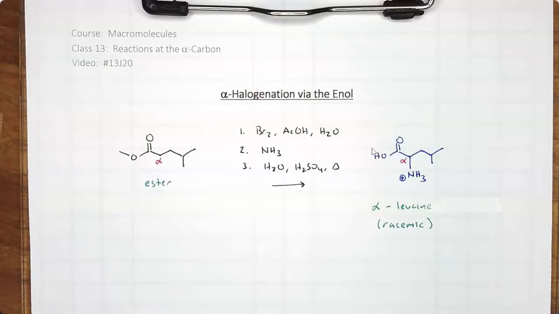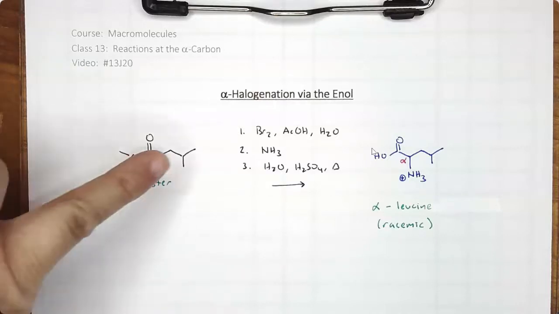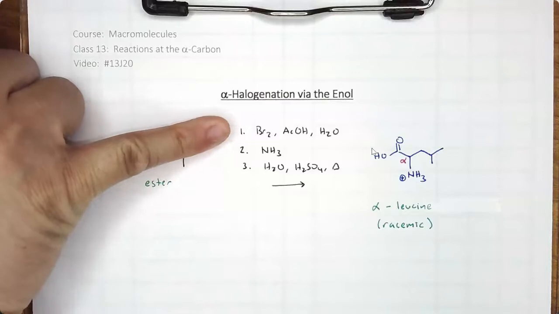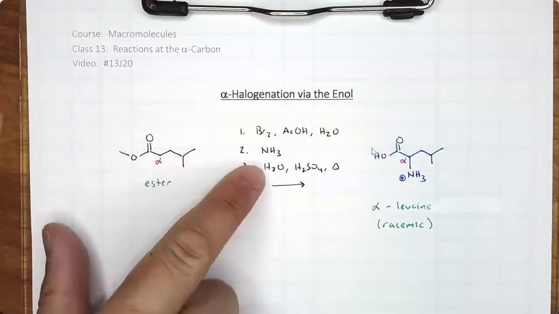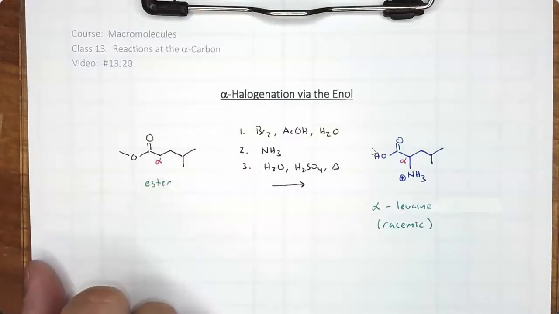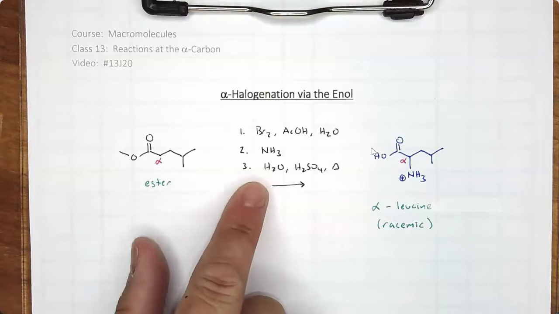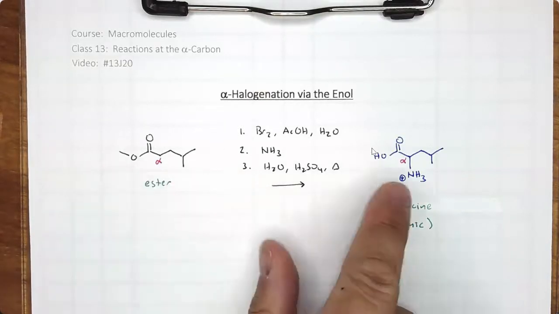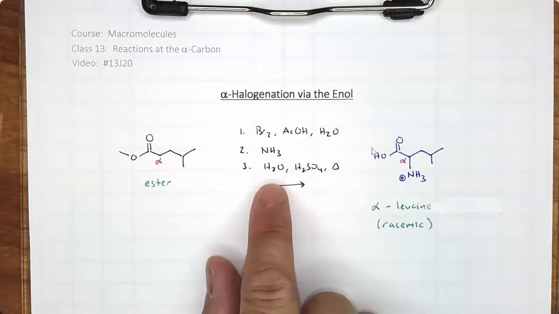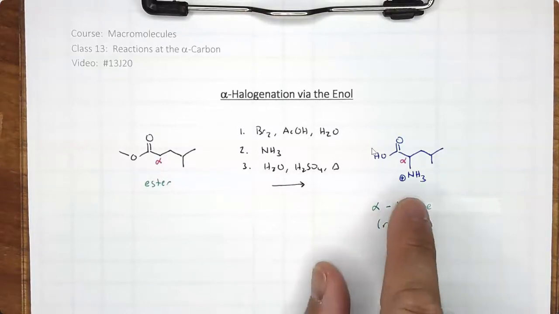I'll let you work out the intermediate products, but again, number 1, alpha-halogenation. Number 2, I would say, is a substitution, SN2. The ammonia comes in and kicks out the bromine. Number 3 is hydrolysis, to hydrolyze the ester into the carboxylic acid. Since we're under acidic conditions in the last reaction, we do protonate the amine.